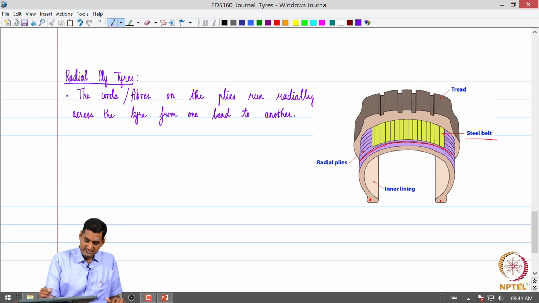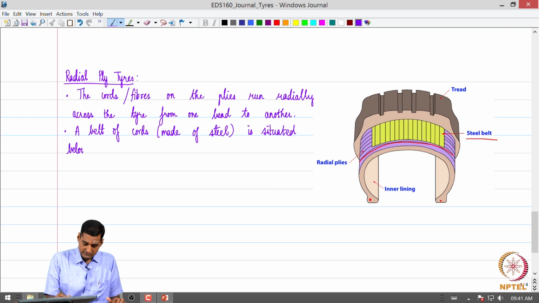Okay, so that is why it is called a radial ply, and a belt of cords, typically made of steel, is situated below the tread for providing the necessary stiffness, particularly along the circumferential direction.